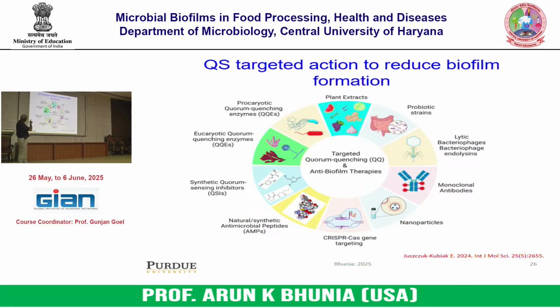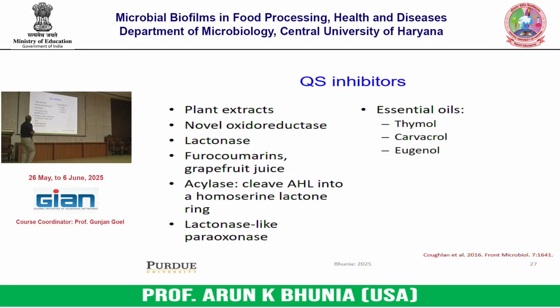And so now, again, this is kind of telling you the same story. So we are using all those different applications to control the bacteria. QS inhibitors, if you look at the list of chemicals, and I know many people working on it, especially the plant-based molecules are getting very popular because these are natural, these are sustainable.